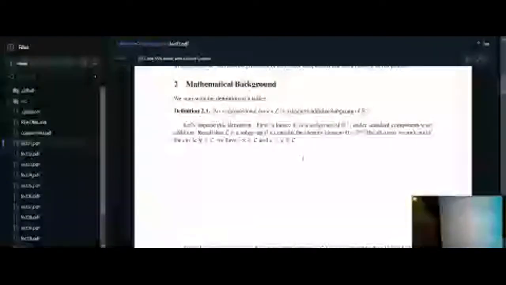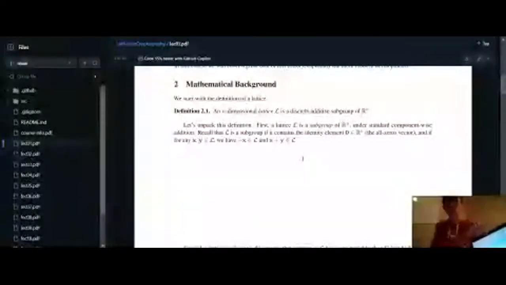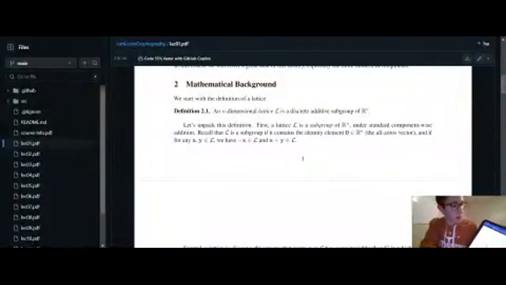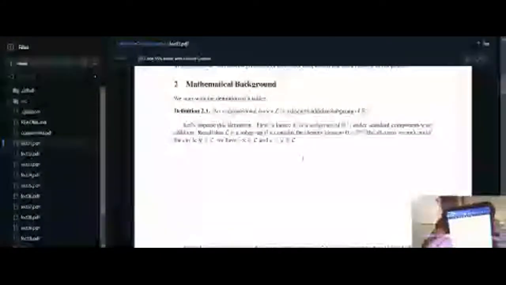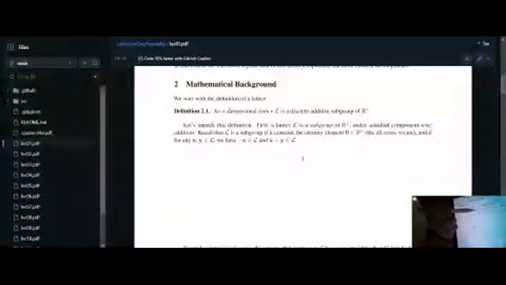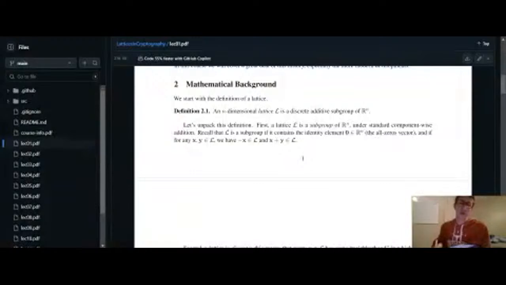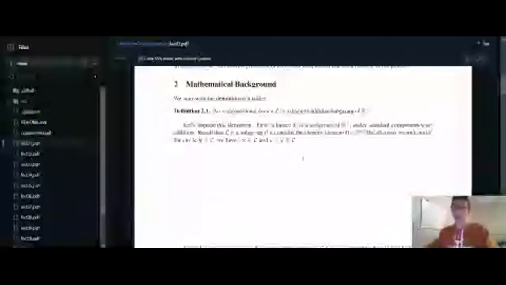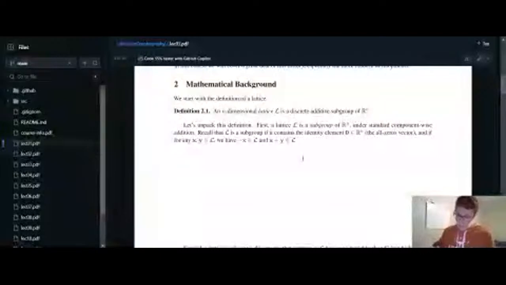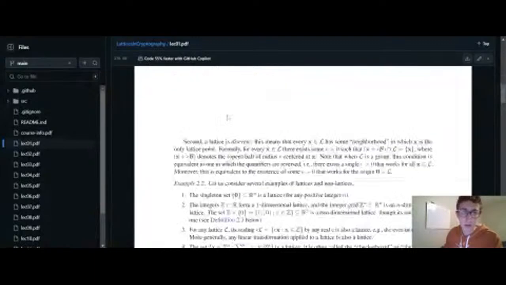If that's my lattice right there, any point up or down, left or right would be on the lattice. So I think that's what it's trying to say. Then when you put all the pieces together, you would find that it actually works. It's pretty neat. That's how I'm thinking about it at least. I'm not too sure. Let's keep going.